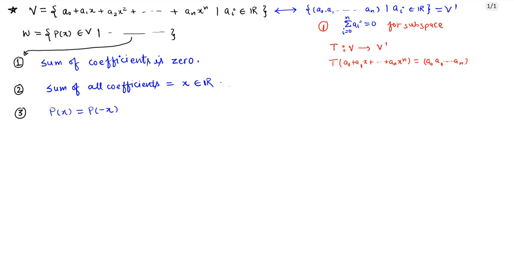If we have a polynomial and we don't know whether it is even or odd, then we can write it as the sum of an even and an odd polynomial. We can write that polynomial as the sum or difference of one even and one odd polynomial.